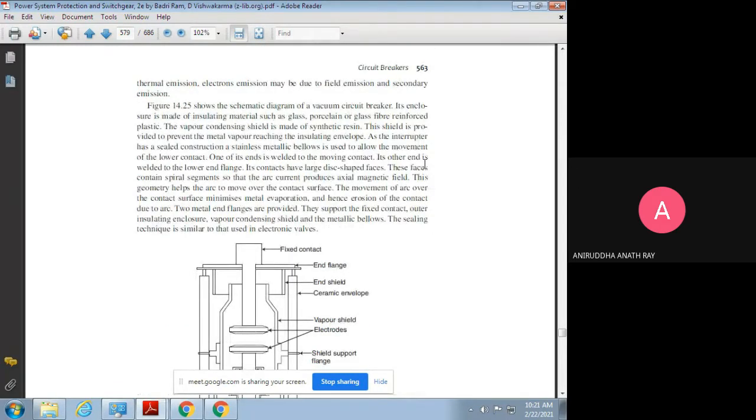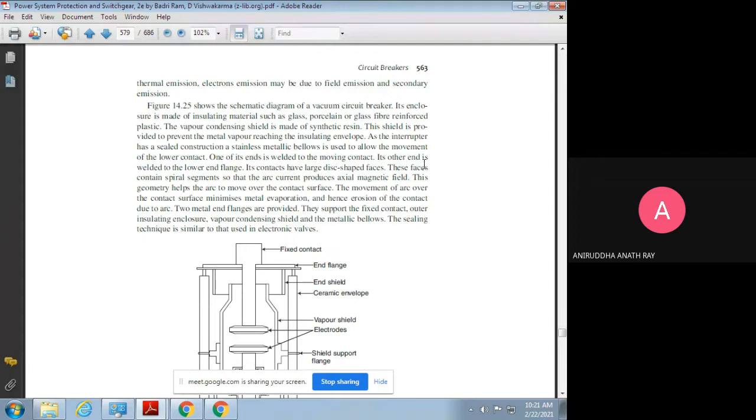Its enclosure, the outermost covering, is made up of insulating material such as glass, porcelain, or glass fiber reinforced plastic. The vapor condensing shield is provided to prevent the metal vapor from reaching the insulating envelope.